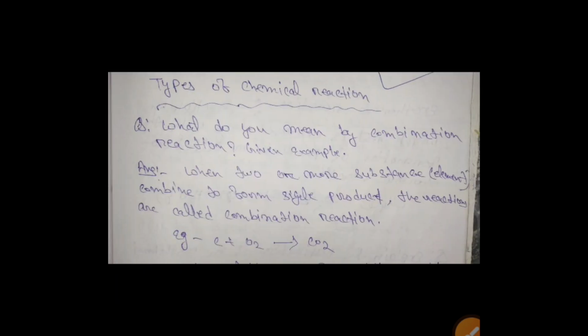let's move to another definition, combination reaction. What do you mean by combination reaction? When two or more substances combine and form a single product, the reaction is called a combination reaction.